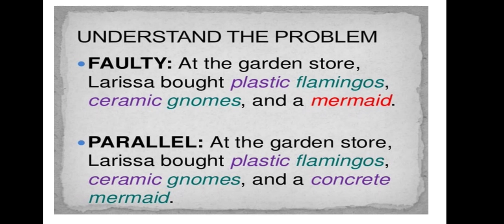Concrete mermaid, guys, the cement mermaid is good for display, and these gnomes, like dwarfs, are all related to each other. All three can be displayed in a garden or an aquarium, like all of them are related to each other.